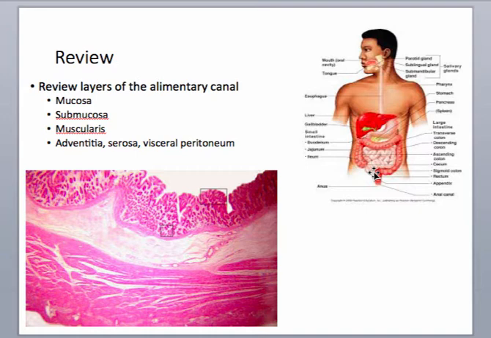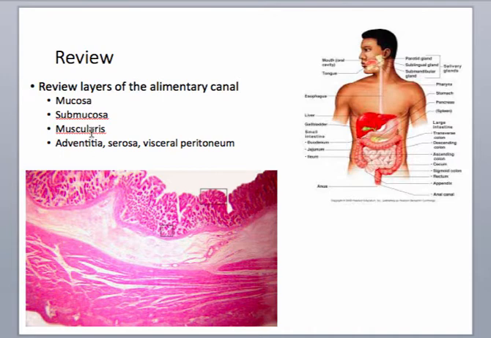Anywhere along that alimentary canal, we're going to see a very similar look of the histology. And additionally, there are accessory organs, the salivary glands, the liver, the gallbladder, and the pancreas, that are not part of the alimentary canal, but rather they produce secretions to facilitate digestion.